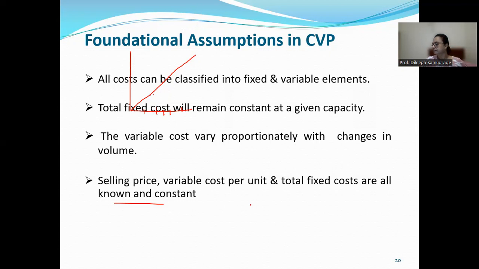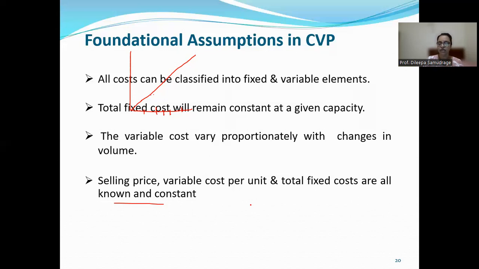These are future figures. We can't expect the selling price to be fixed. We can't expect variable costs to be fixed, because of the environmental conditions. Because the environment is changing rapidly, so many macroeconomic factors impact your pricing.